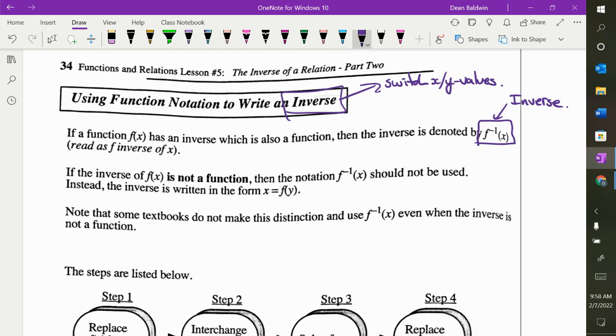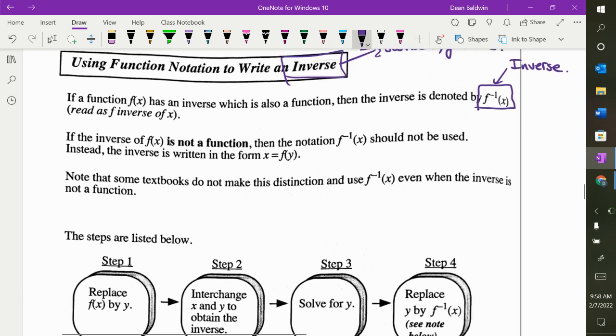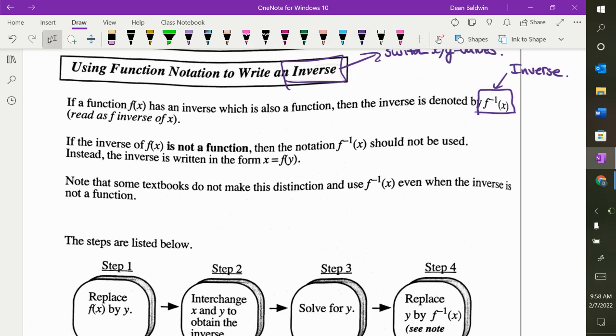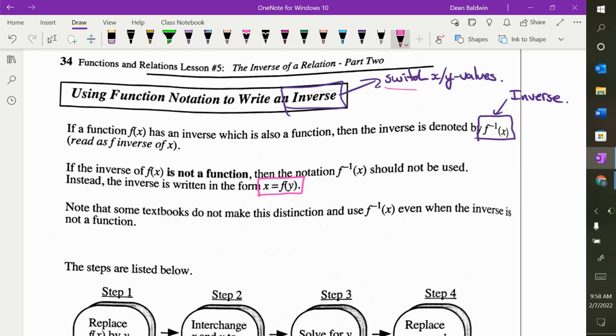Now, there's another way that they write it. It's not often that you will see this, but I will probably put it on a test just to confuse you, see if you understand. And it is this: x is equal to f of y. Why is that the inverse? What do we do when we do the inverse? You switch x and y, right?